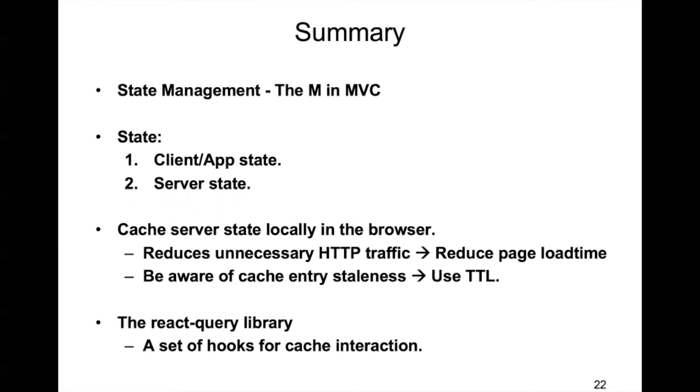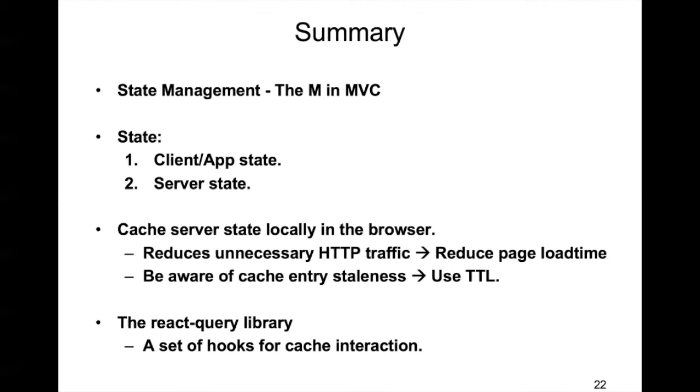And the benefit of a cache is that it eliminates unnecessary traffic across the network. The downside, though, is that the cache may contain stale data or data that isn't fresh. So you've got to be aware of that balance between showing the user the page loading quickly, but the possibility that the user is looking at data that's out of date.